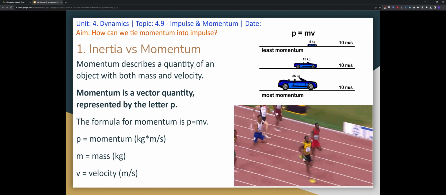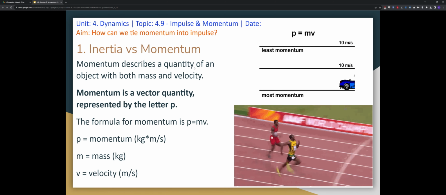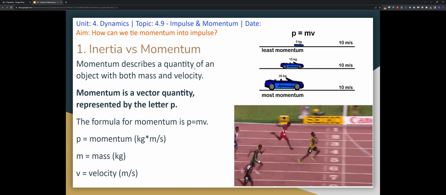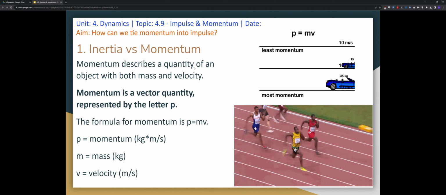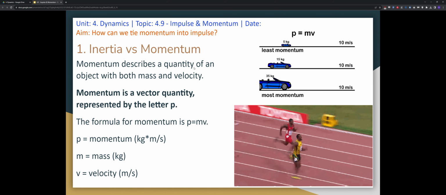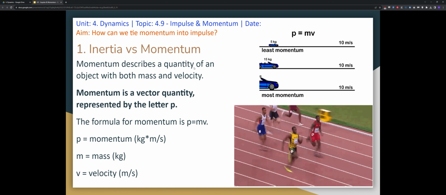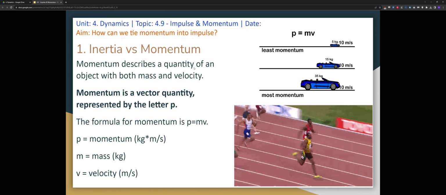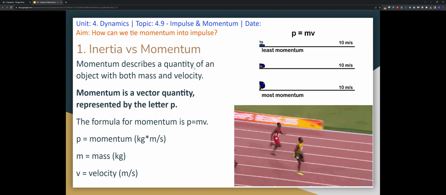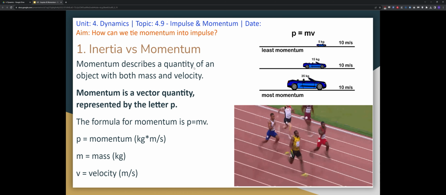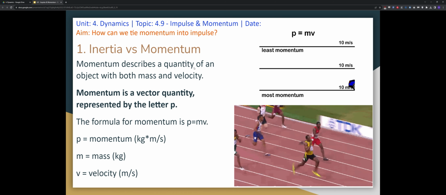P is your momentum, and the unit for that is kg times meters per second, which makes sense because in the formula, m is your mass measured in kg, and v is your velocity measured in meters per second. So the unit for momentum is just kg times meters per second.